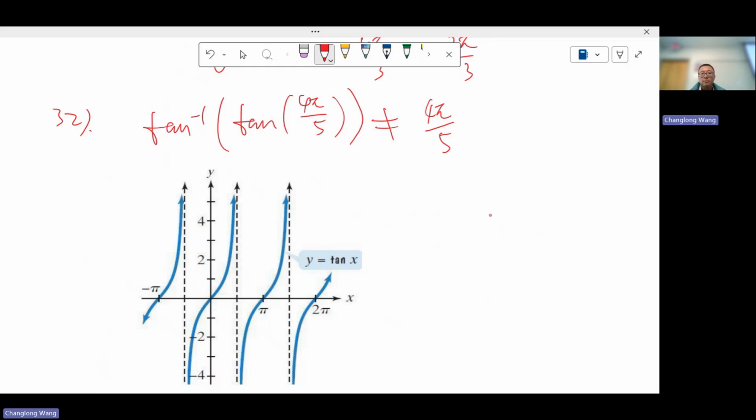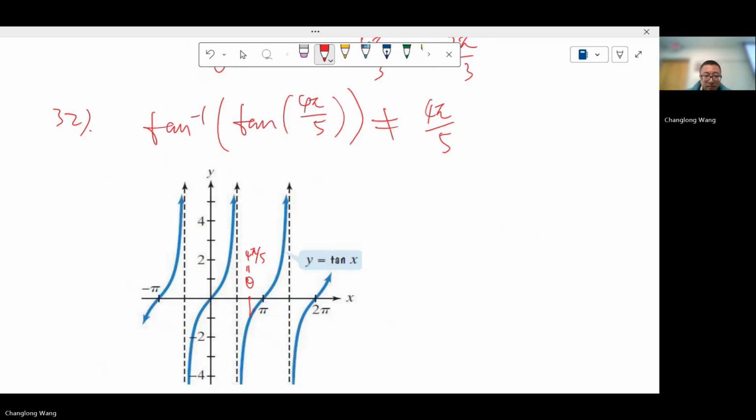Why is it not 4 pi over 5? It's obviously too big, right? It's beyond the range of the tangent inverse. So where is 4 pi over 5? On the number line, okay, so it's less than pi, right? So it'll be somewhere here. So this is angle theta. Let's call it 4 pi over 5, right? So now I need to go down to the tangent curve.